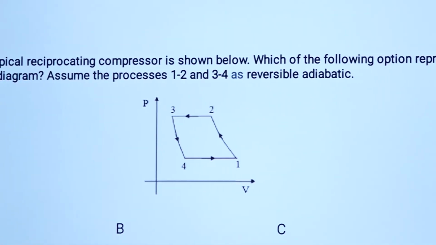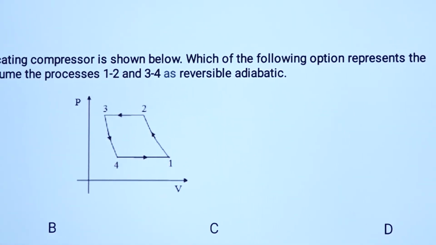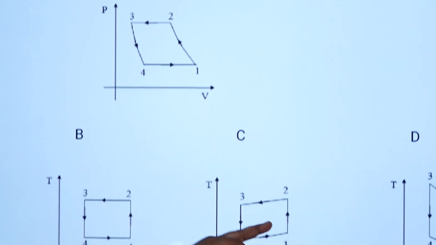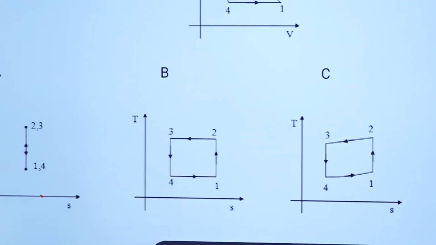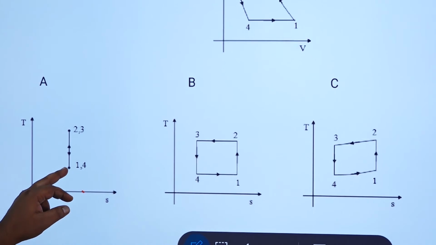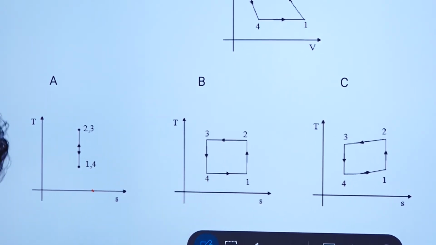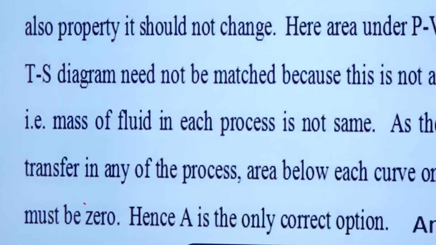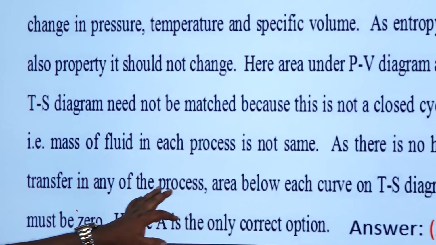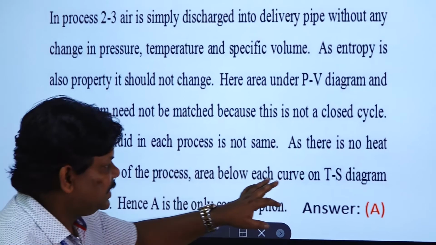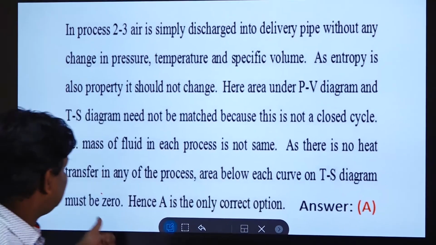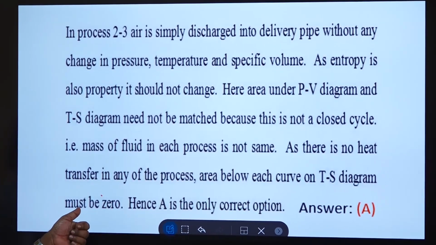So you can look at the TS diagrams for B, C and D as well as A. There is no heat transfer in any of the processes, so the area below each curve on the TS diagram should be 0.